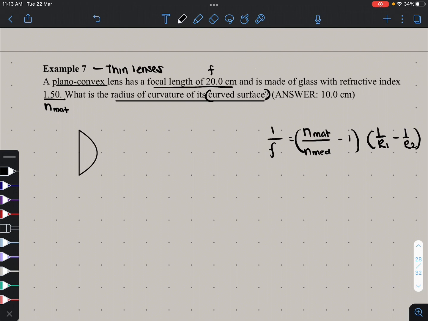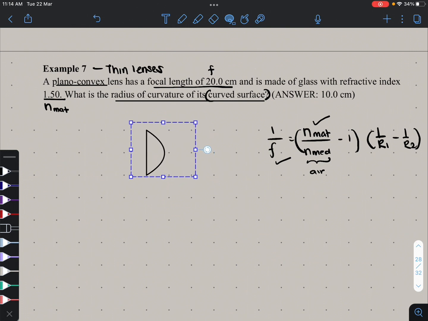For the Lensmaker equation, the value of f is given, and the material is given, and the medium is air, as nothing related to the medium is mentioned in the question. And then we have R1 and R2, and one of these is what the question asks. So for the plano-convex lens, let's say the object is located at this point.